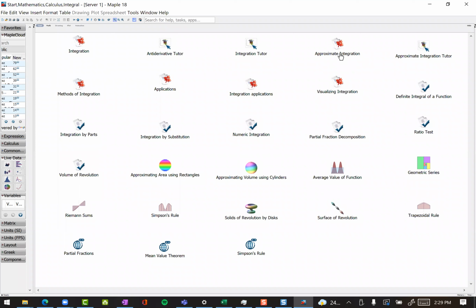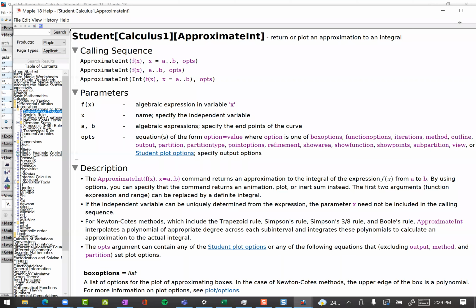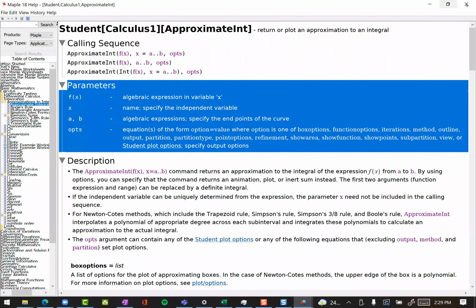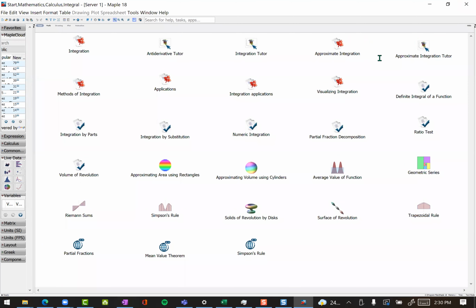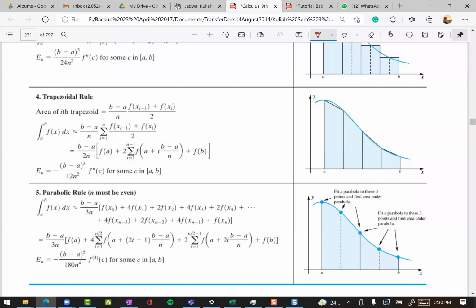All right, so let's choose this approximate integrations or Riemann sums. Okay.